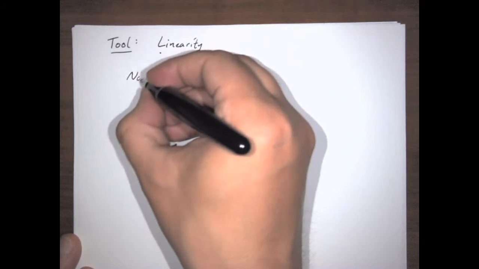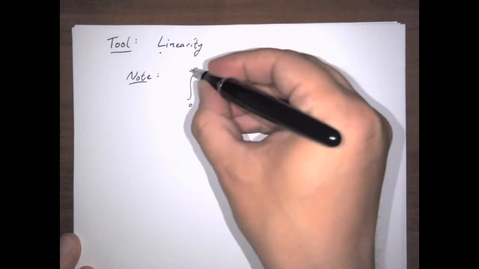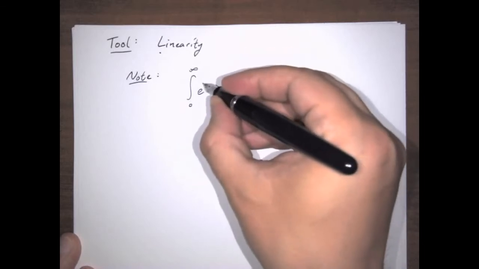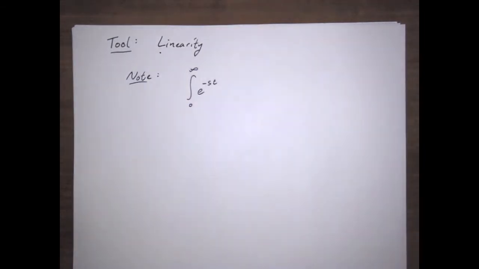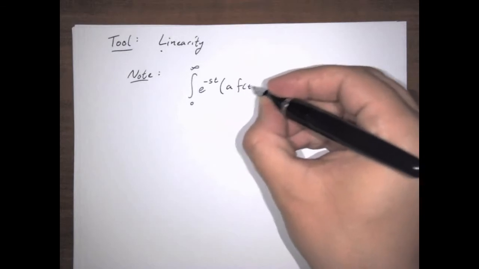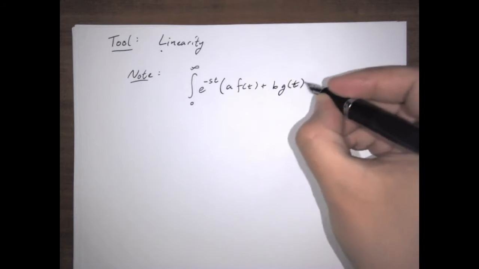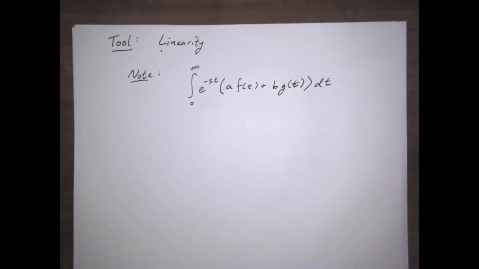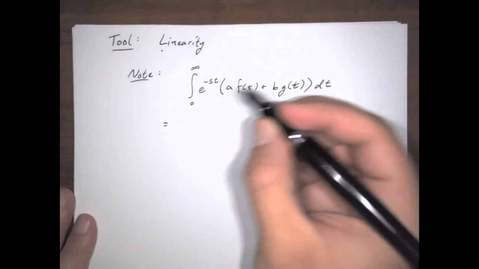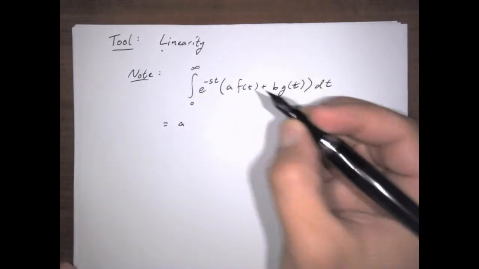Note that if I take the integral from 0 to infinity of e to the negative st, and instead of just f of t I put a times f of t plus b times g of t, and take that integral with respect to t, this breaks up into two integrals, and out can come the a.